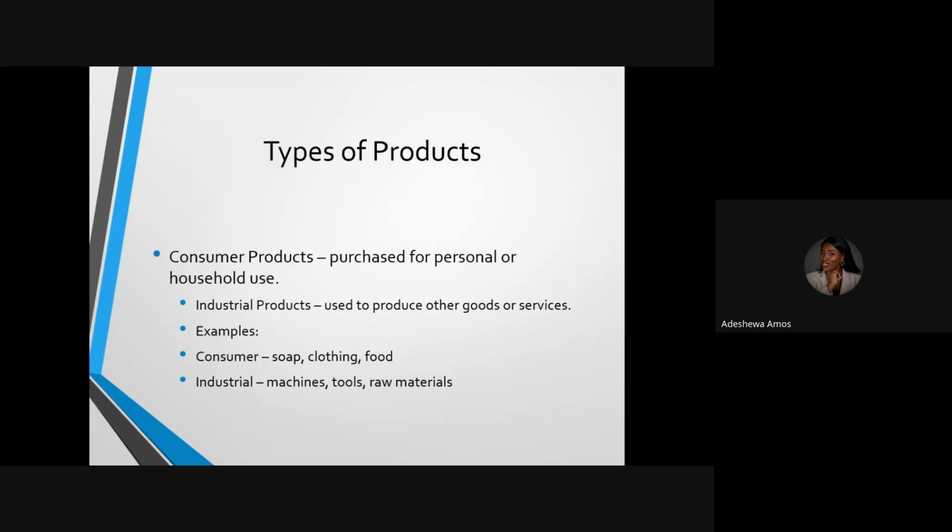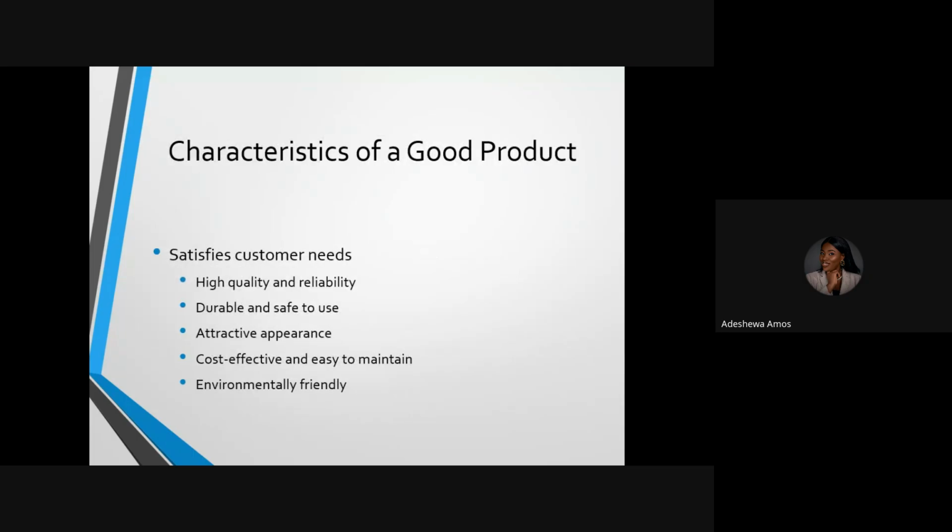So that stands as industrial products. Okay, so those are the basic types of products we have so far as operations management is concerned.